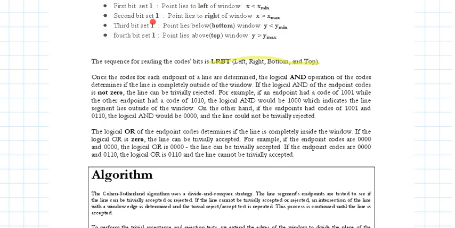Second bit is set to 1 if the point is to the right of the window, x greater than x max. Third bit is set to 1 if the point lies below the window, y less than y min. Fourth bit is set to 1 if the point lies above the window, y greater than y max. So this is the thing which at first you need to establish.